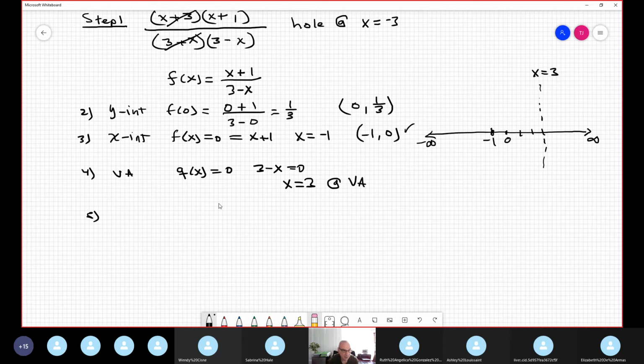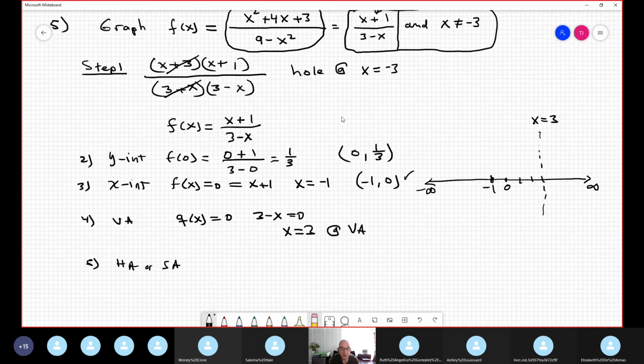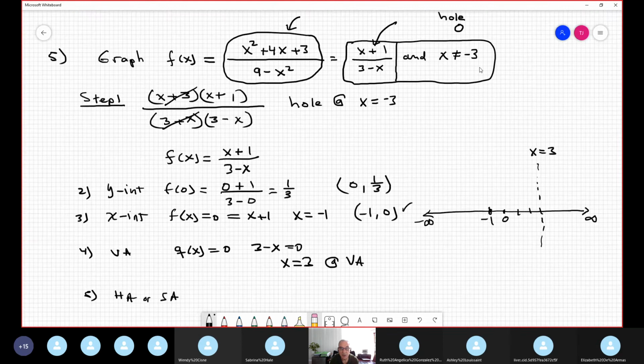Okay, number 5 is to determine a horizontal or slant asymptote. Remember, it's an analysis of the degree. The degree of what? Of the original or the new one. It doesn't matter. Remember, the only difference between these is that we have a hole, so all the analysis you can do using this one. The only consideration is that we have a hole here.